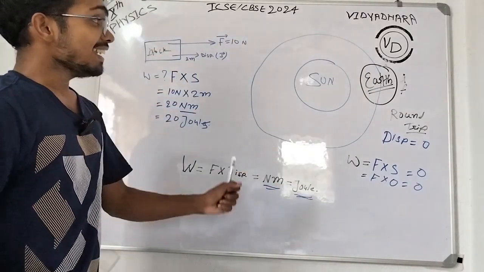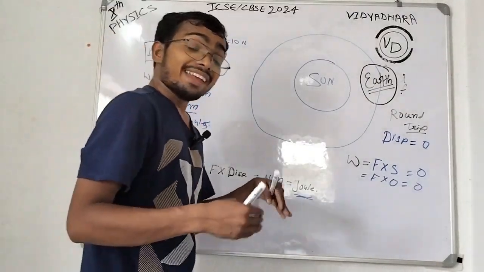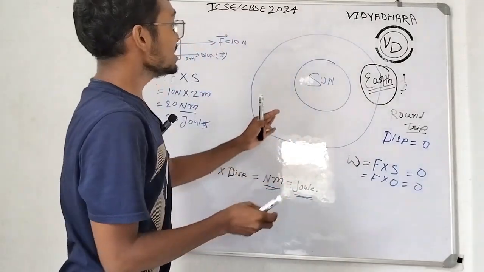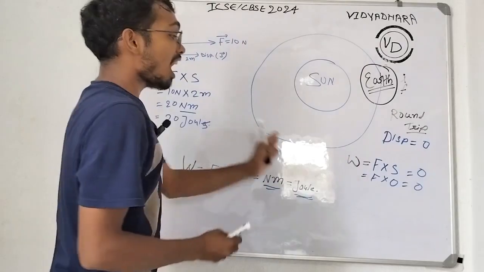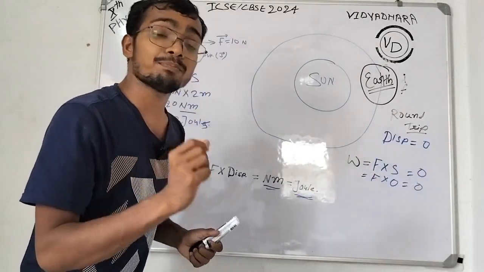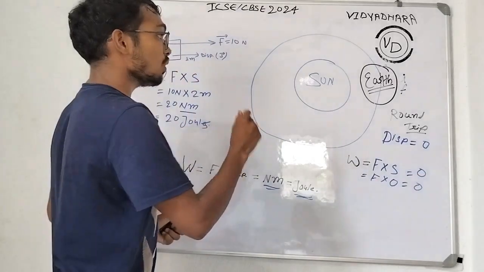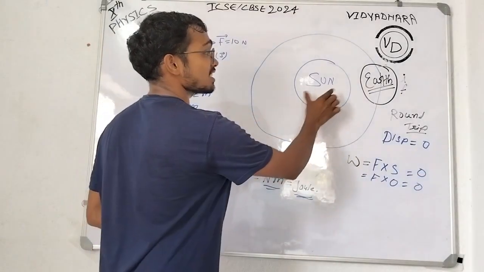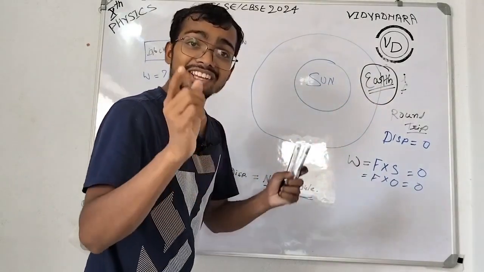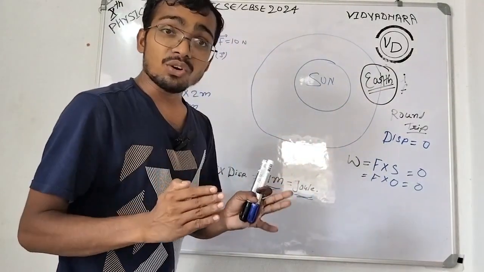In another method, work is 0 because the centripetal force, the gravitational force acting between the two masses, is along the tangent.